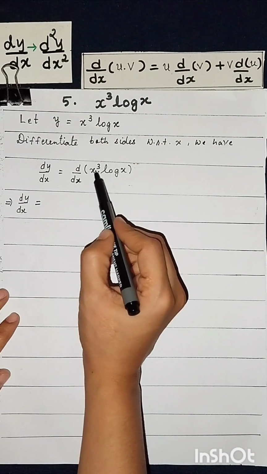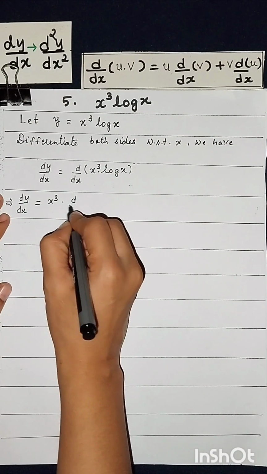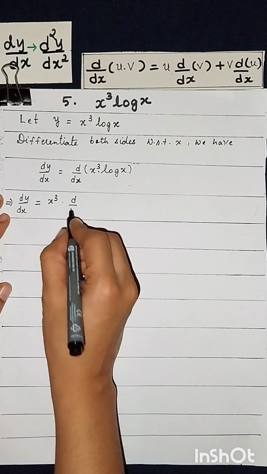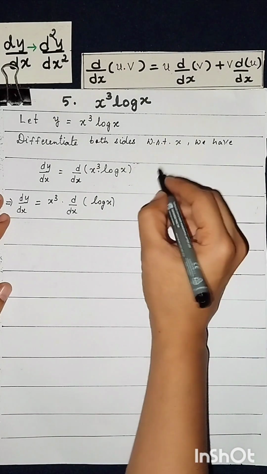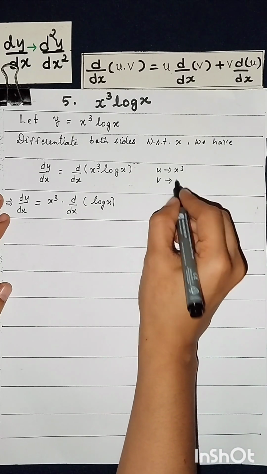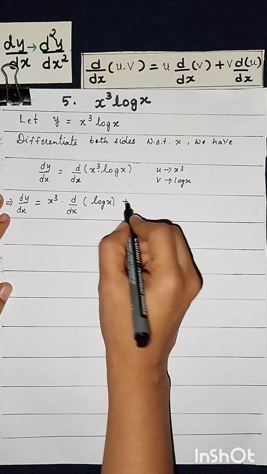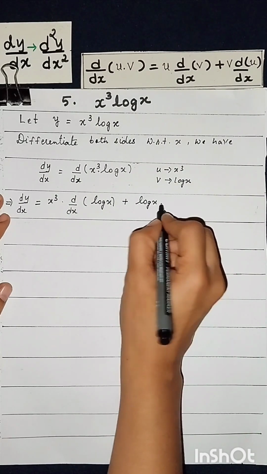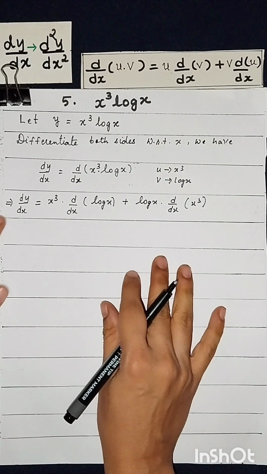So this is UV. So we will get x cube into d by dx of log x. So I'll write here u is x cube and v is log x. Okay. Then plus log x into d by dx of x cube.